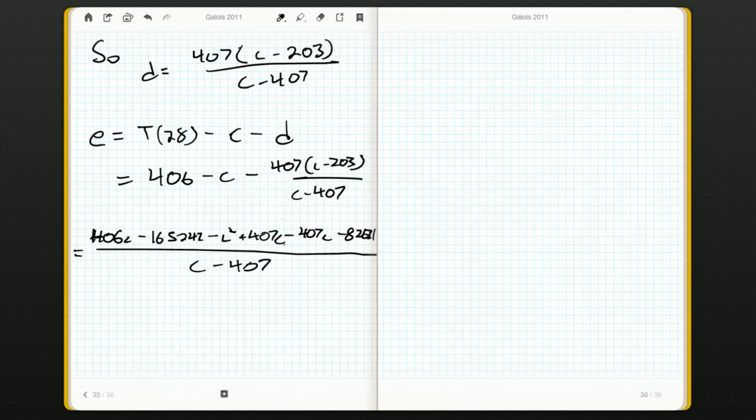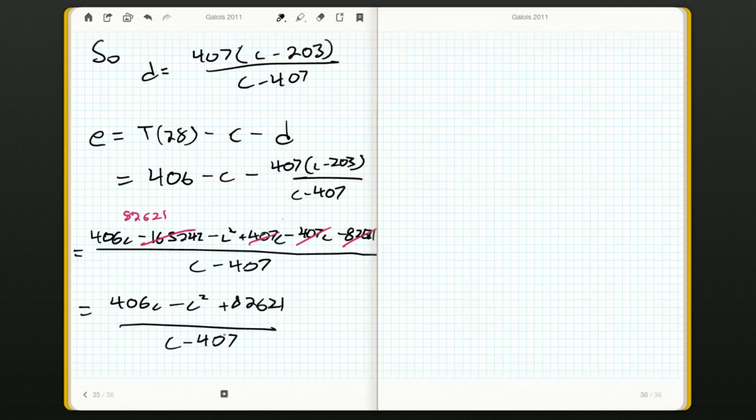So there's some cleaning up to do here. These two cancel out. These two cancel out and leave 82621. Or not those two, these two. My mistake. So we'll be left with 406C minus C squared plus 82621 all over C minus 407.